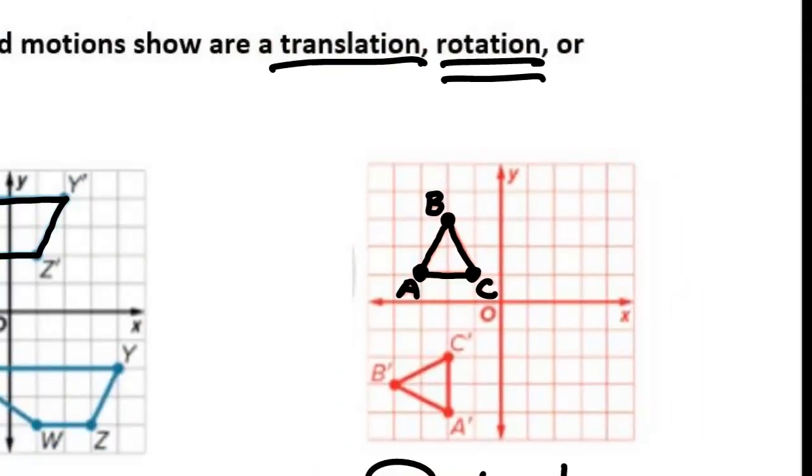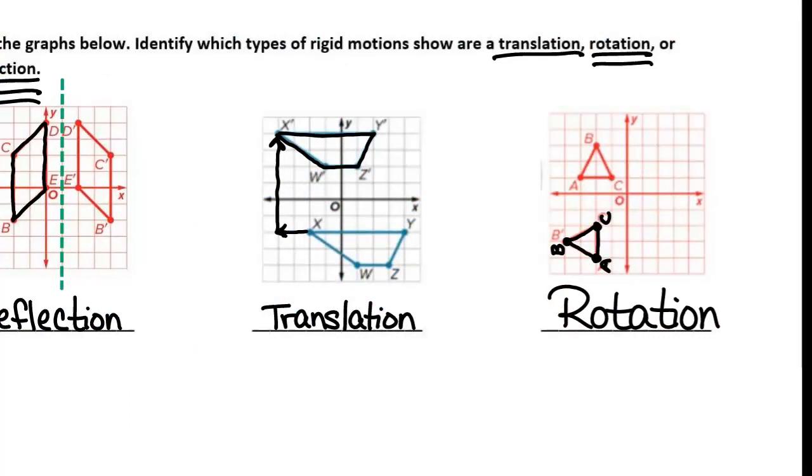C is in the lower right. I can take this shape and I can twist it until B and B prime match up. Notice C and C prime are matching up, and A and A prime are also matching up. This rotation is not around the origin. That's okay.